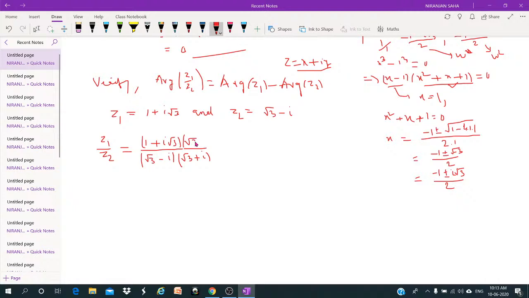Then the denominator will be root 3 whole square minus iota whole square. And in the numerator, this will be root 3 plus 3 iota plus iota plus iota square root 3.